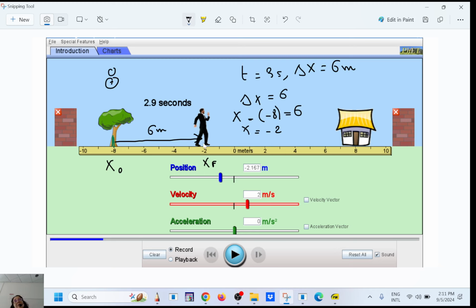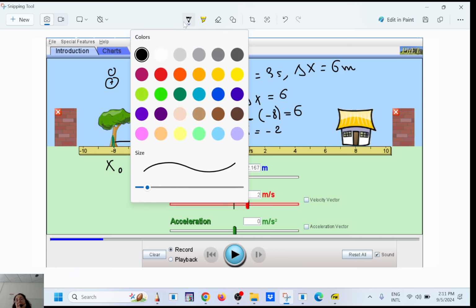I want you to distinguish between the initial position and the position on the number line, which in that case is -2, but the displacement is 6. He is moving at a speed of 2 meters per second, a constant speed. Just make sure you understand that.